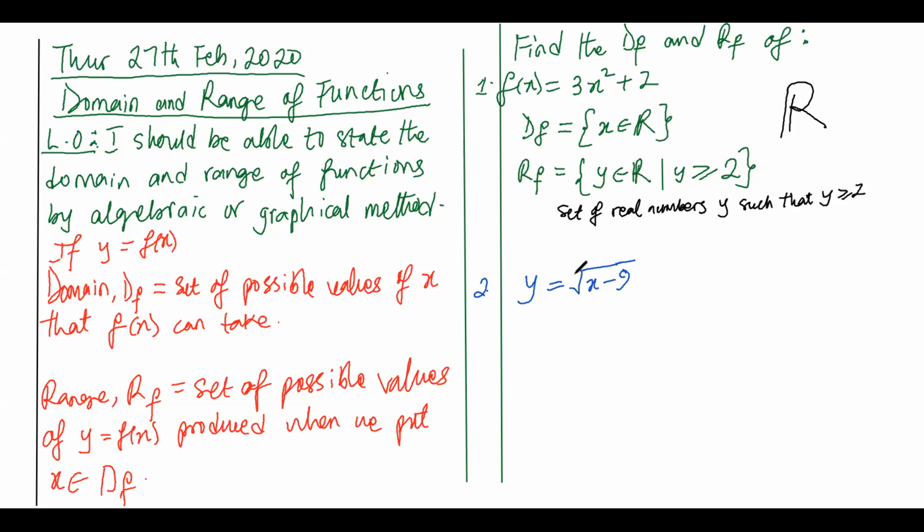So this function is called y, so my domain of y... I think we better stick to f of x, because I'm going to use y here for my range, to avoid any confusion. So I'm going to stick to this f of x.